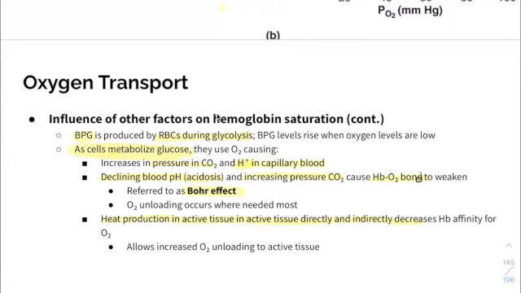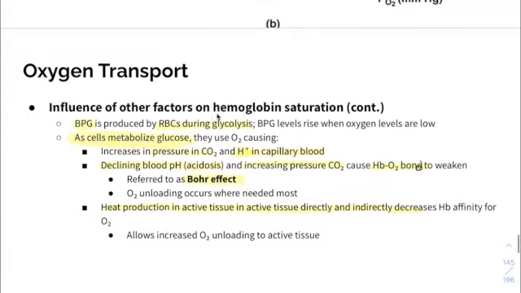So as long as you're contracting muscles, those muscles are going to need oxygen because you're going to use that oxygen for aerobic respiration. So as long as we're generating heat, we're going to release oxygen.